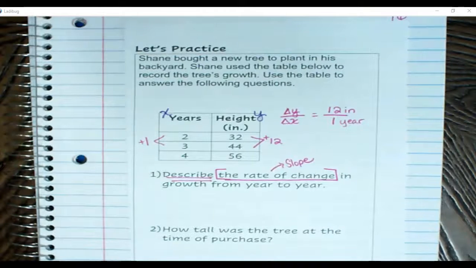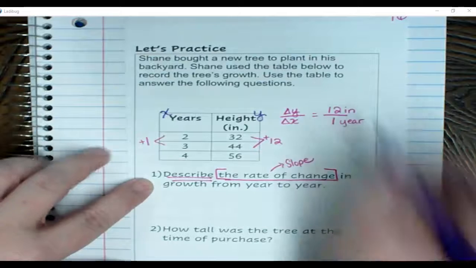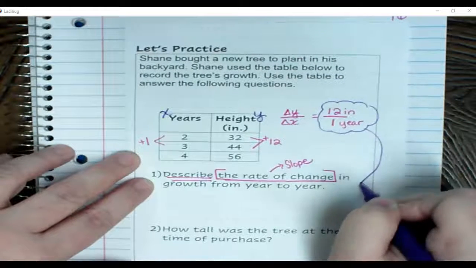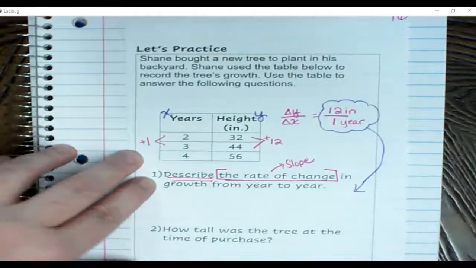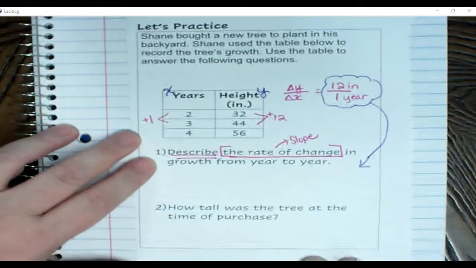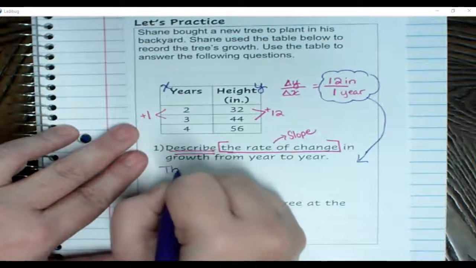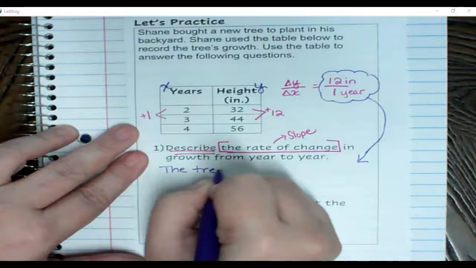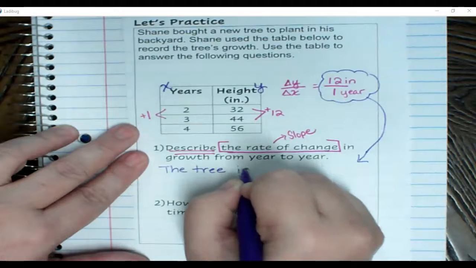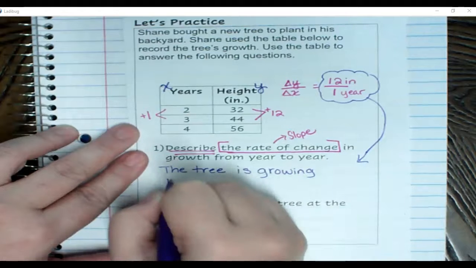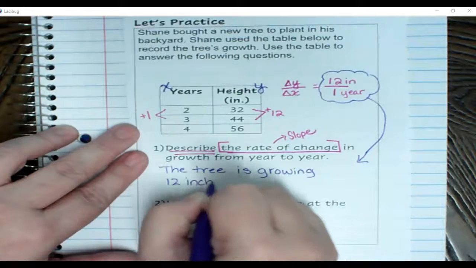So how can we write that into a describing statement? Right here, it's positive. So is the tree growing or is the tree shrinking? Yeah, it's growing. So the tree is growing 12 inches per year.